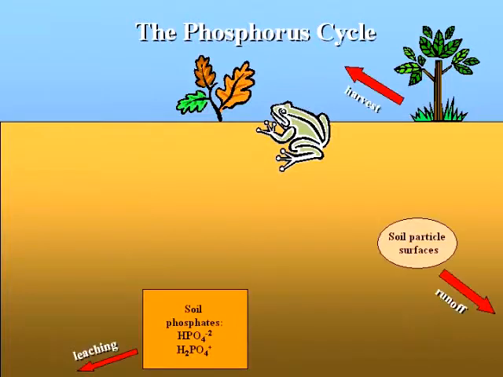And now if we turn our attention to the red arrows, we see the outputs. A minor component of output would be leaching out of the system. As water percolates through the soil, it can leach some phosphates out. Although more typically, water will simply make phosphates run off from one place and move to another place.